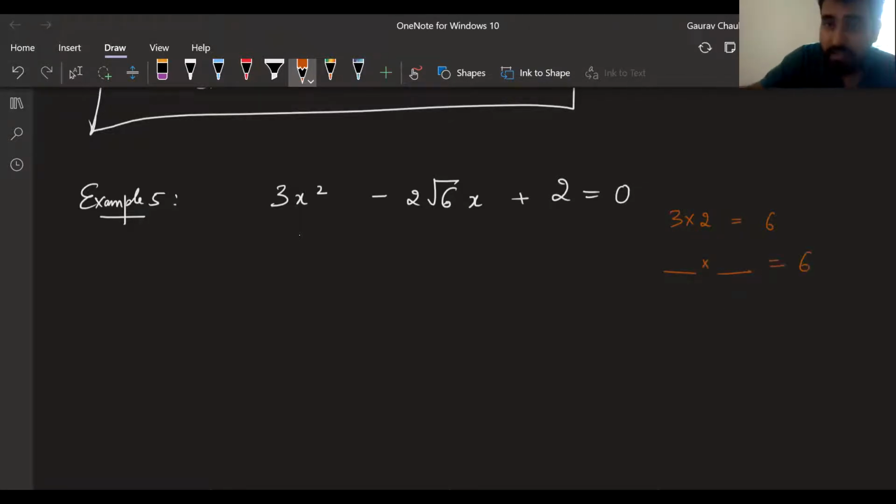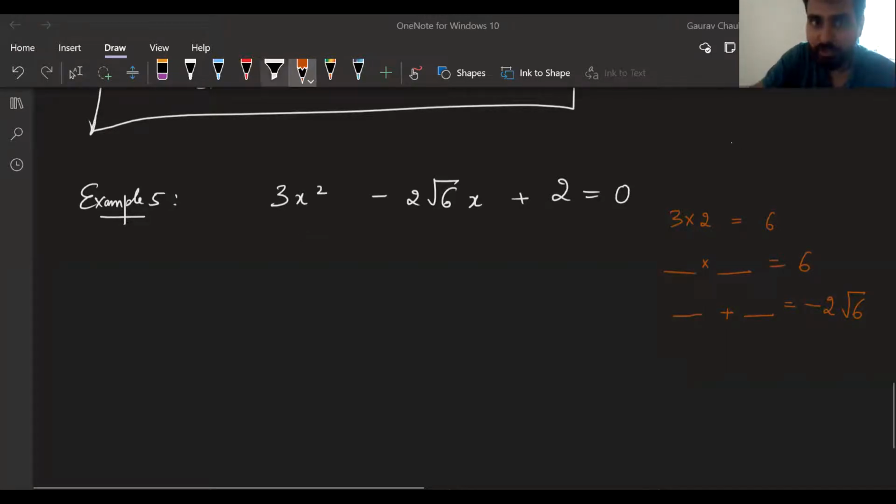Also, when I add those same two things, I should get minus 2 root 6. Very, very interesting it is. Minus 2 root 6 I should get when I add those two things. It's okay, Riza, no problem. So here, I'm going with the same logic.